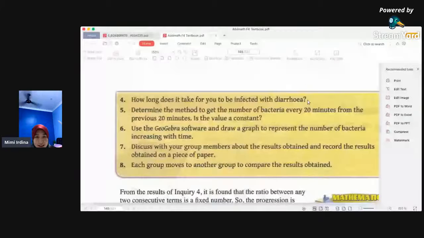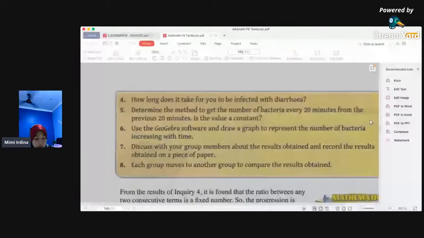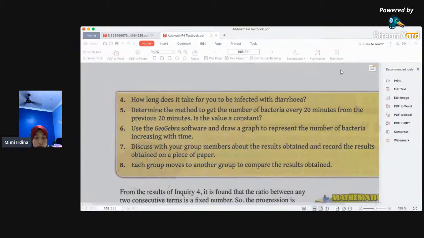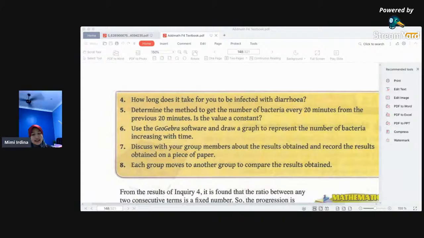How long does it take for you to be infected with diarrhea? From the situation given, it states that a human will be infected with diarrhea if they have 2 million bacteria in their body. By using the table that Amani showed us, we can see that it takes 20 times for the bacteria to reproduce every 20 minutes.